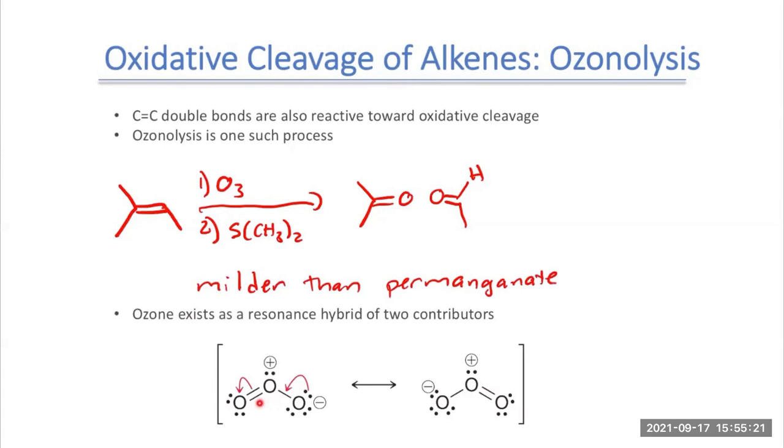And if we remember, ozone is O3, where it exists as two resonance hybrids. And now looking at the mechanism for ozonolysis.